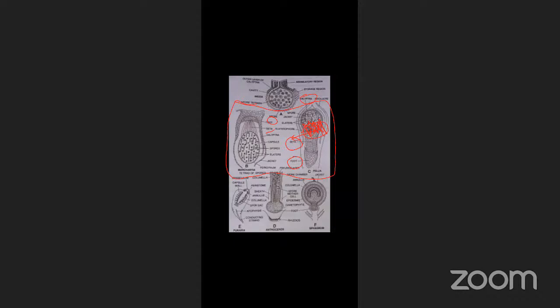Don't see the book. In the book, only archegonia and antheridia are given, from archegonia direct egg, from antheridia direct antherozoids or male gametes. But you have to show the complete structure of the archegonium and the complete structure and development of the antheridium as explained in class.